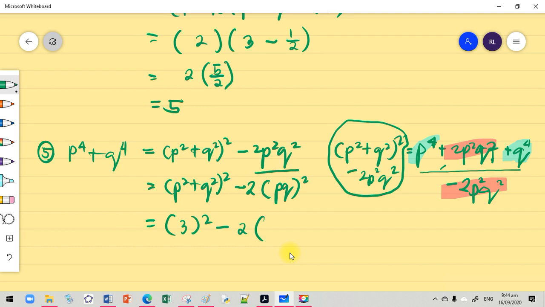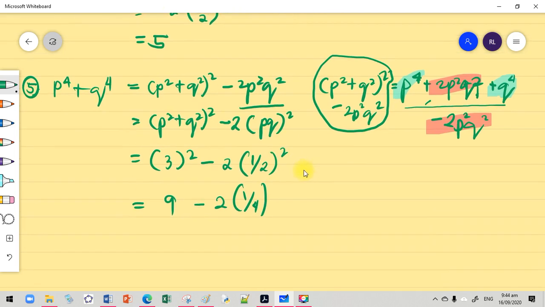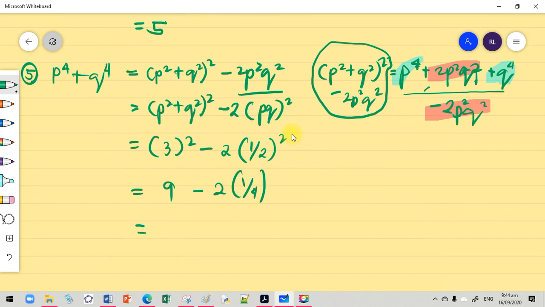Then we have also the value of pq, which is 1/2, squared. This is twice of 1/4, which is 1/2. Take away 1/2 from 9, we'll get 8 and 1/2. So that's the value of our p raised to 4 plus q raised to 4.